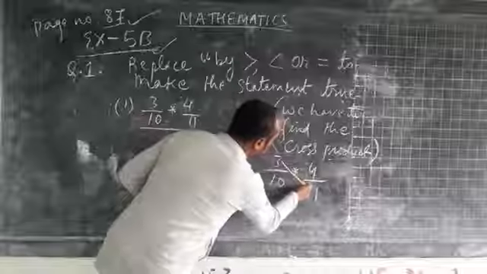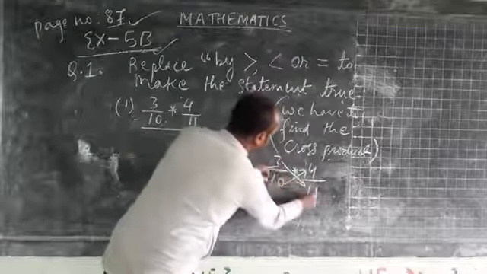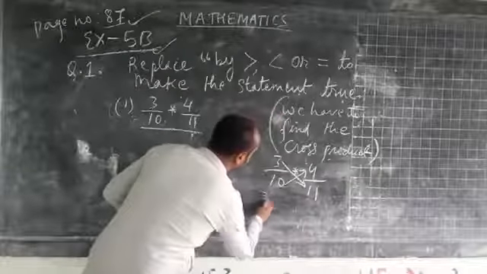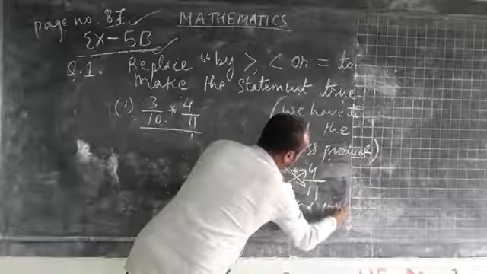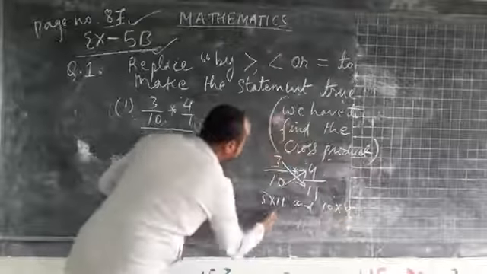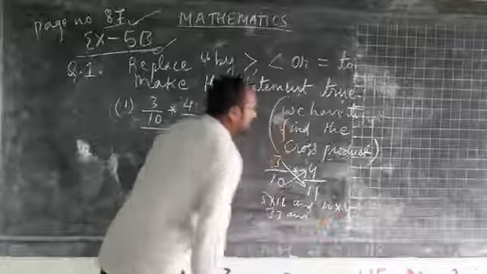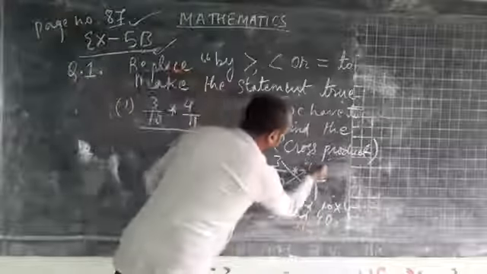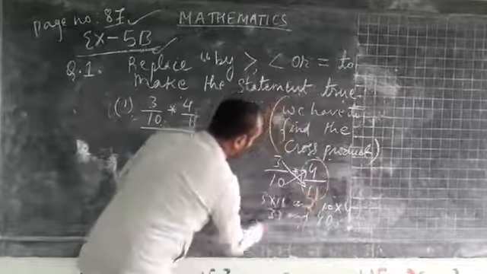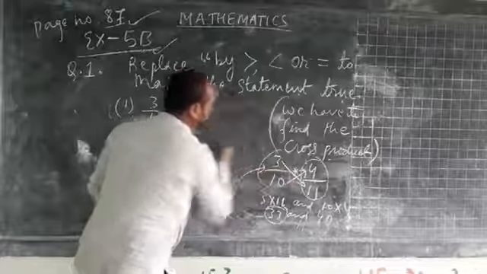So when we multiply these two, 3 and 11, we will get 3 into 11, and here 10 into 4. So 11 3s are 33 and 10 4s are 40. So this 40 is for this given fraction and this 33 is for this fraction 3 by 10.